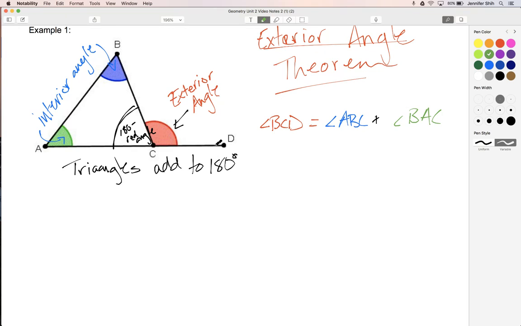Sometimes this line isn't given, so you have to extend this line using an auxiliary line in order to see this exterior angle. Let's be really clear that these are the interior angles, and this guy is the exterior angle.